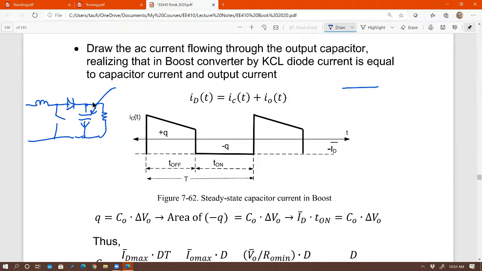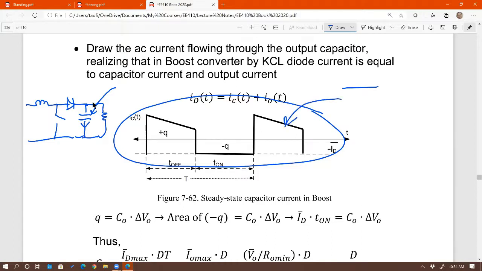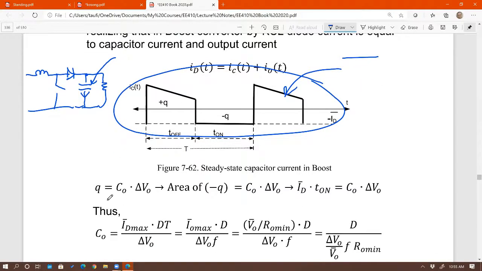That's why when I draw the current waveform through the capacitor, it looks like this. That's a diode current, isn't it? How do I know that's a diode current? The downslope, right there. Okay. And then again, from there, you get the offset, just like I did for a buck. And then you apply Q equals C delta V. And then from there, you get the output capacitance.